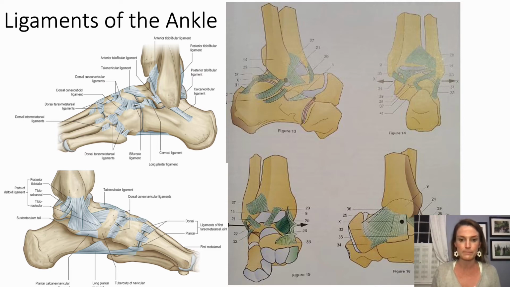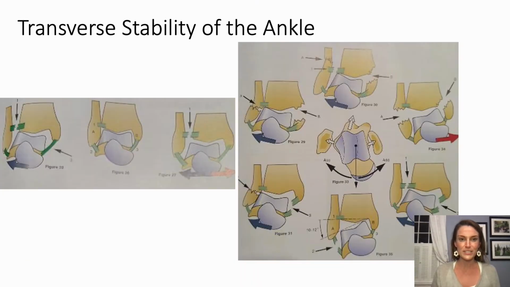The transverse stability of the ankle depends on a very tight interlocking that's needed, and so that's a bimalleolar pinch from both sides, and that happens because of the ligaments that are there. And if that stability is compromised, you can have any of these different scenarios.